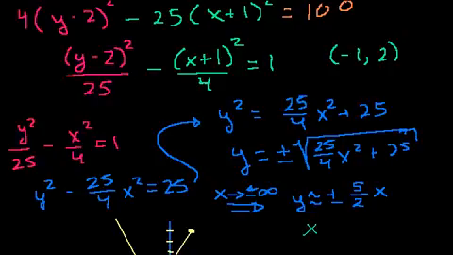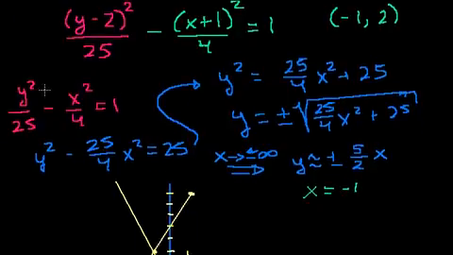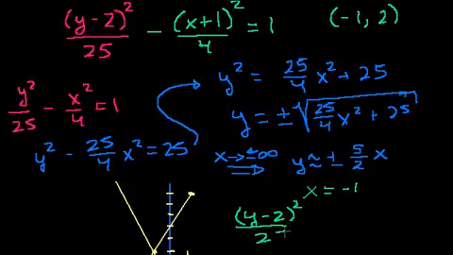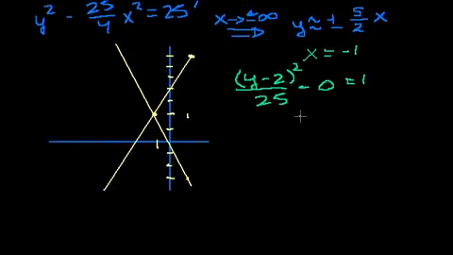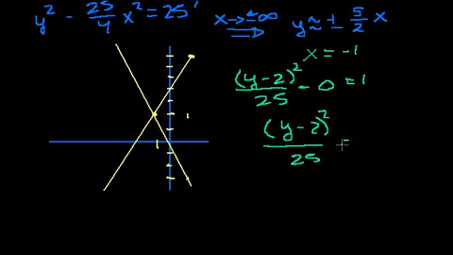Let's do that. If x is equal to negative 1, then what does this expression become? I don't want to lose it, so I'll write it right there. You get y minus 2 squared over 25, this becomes 0, minus 0, is equal to 1. So y minus 2 squared over 25 is equal to 1. Multiplying both sides by 25, y minus 2 squared is equal to 25.